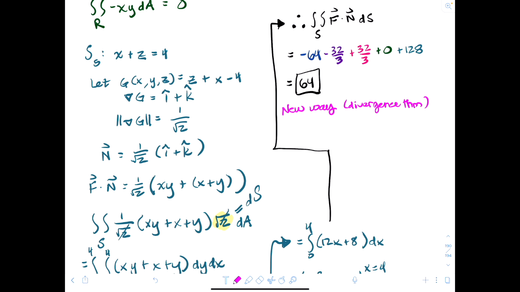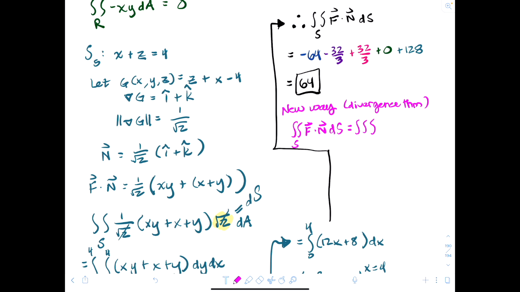is our integral over S of f dot n dS is going to equal a triple integral. We need to find some more stuff, right?